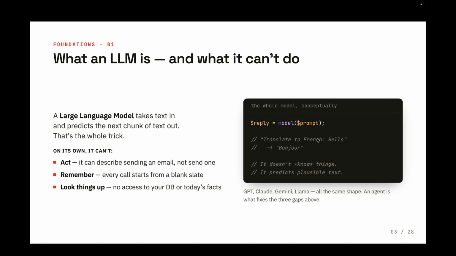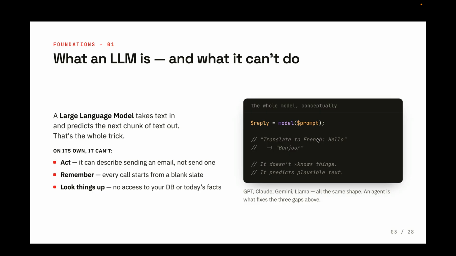So what is an LLM? What is it? What can it not do? Like I said, it's a large language model. It takes text in and then it'll predict the next chunk of text out, in its most basic form. And so what it can't do is it can't act on anything, right? It can describe sending an email, but it can't send one.